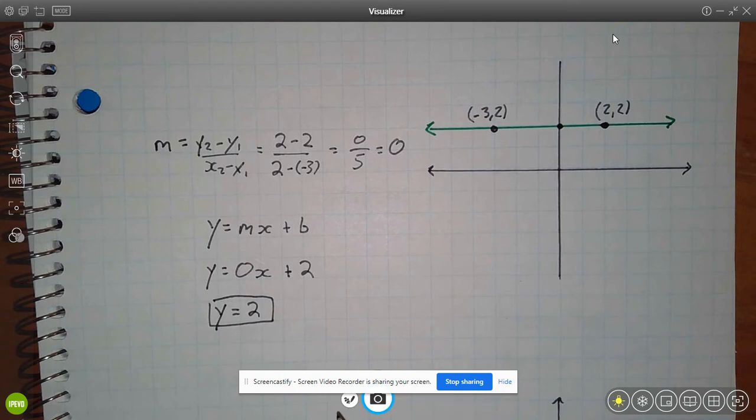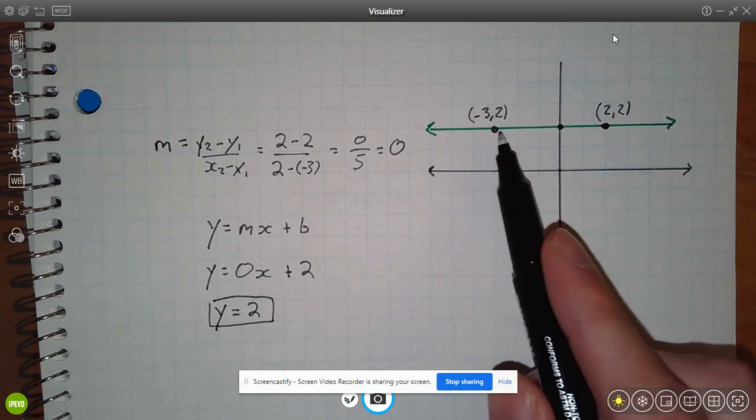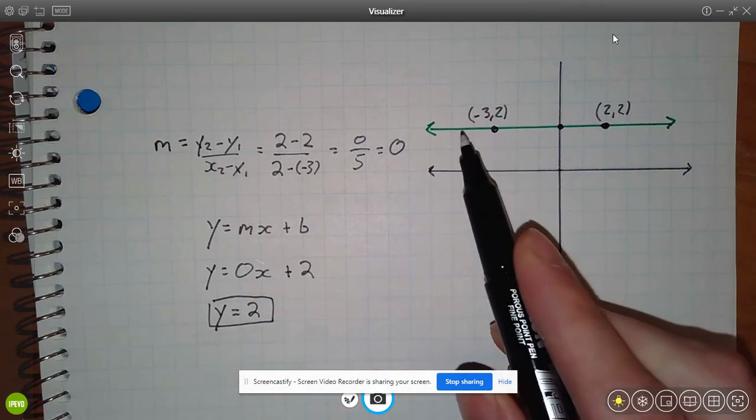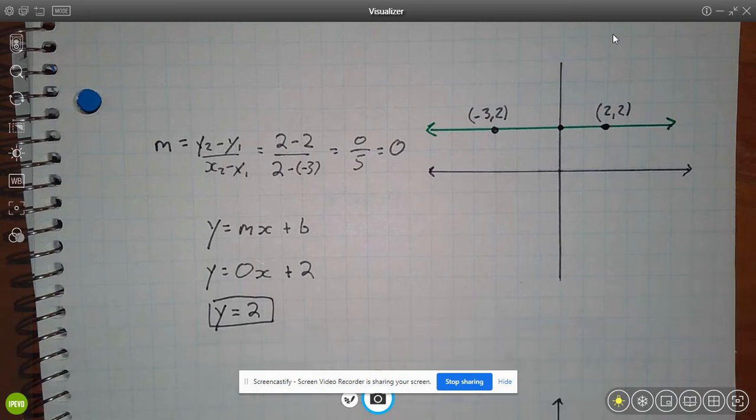So any horizontal line will just have an equation of y equals the y-intercept, which is actually the y-coordinate of any point on the line. So if you're having trouble remembering that, you're asking yourself, well, what's the y-coordinate of every single point on the line? Y is always 2, so my equation is y equals 2.